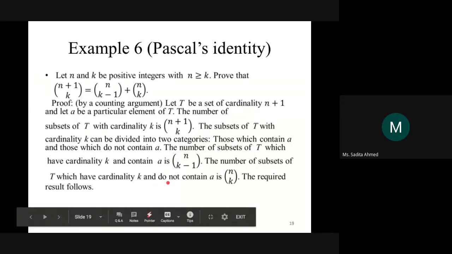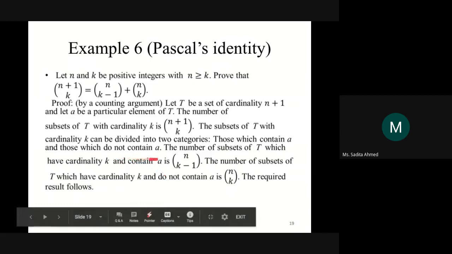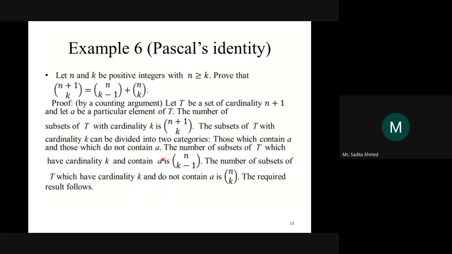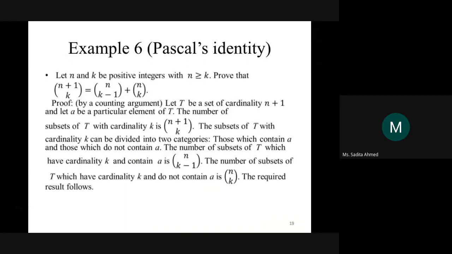Fine. However, have we chosen any element of the subsets yet? এই যে previous groupটা যেটা আগের গ্রুপটাতে দেখো, when we were saying contain A, because you say that they contain A, what does that mean? You're already choosing one element. One element has already been chosen. All right. However, in the second group, we're saying they do not contain A. All that does is exclude A from the options. However, have we chosen any element of the subset yet so far?